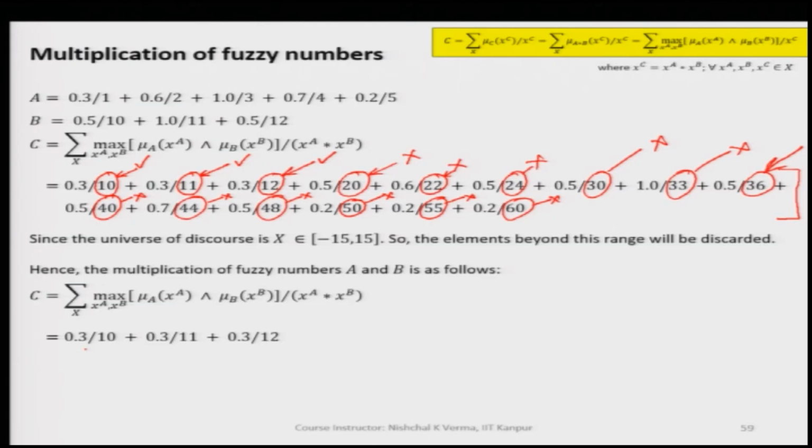It means we are only considering these 3 terms: 0.3 oblique 10, 0.3 oblique 11, 0.3 oblique 12. These 3 lie within the universe of discourse, which is minus 15 to 15.